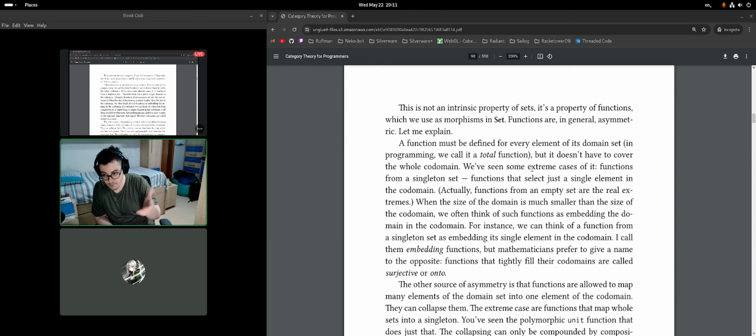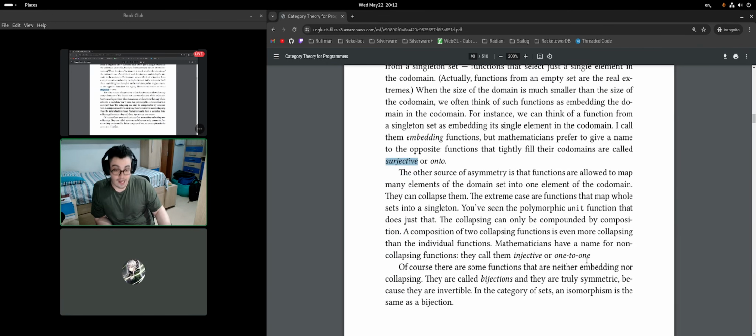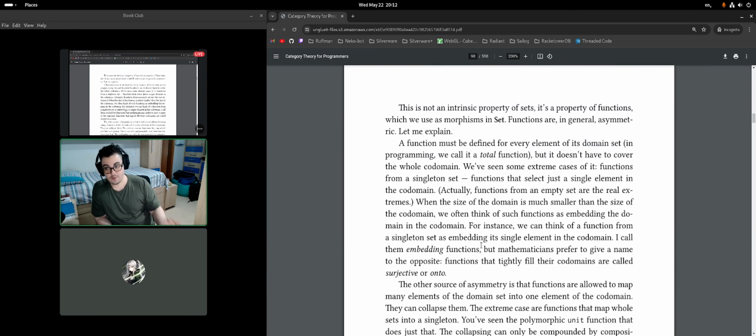If you just change the direction of the arrow, it's very unlikely to be symmetric, because functions have all these types of patterns or behaviors. They can be embedding, they can be the opposite of embedding, so they can be surjective, they can be collapsing, they can be non-collapsing or injective, and if they are neither embedding nor collapsing, they are bijections. So when you reverse, you need to pay attention to what you're reversing, because you may have a problem.